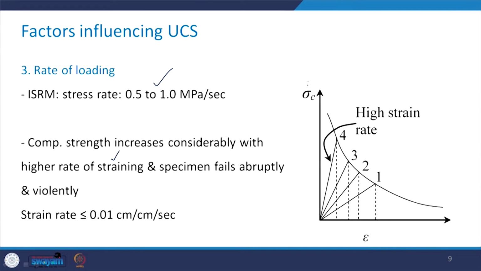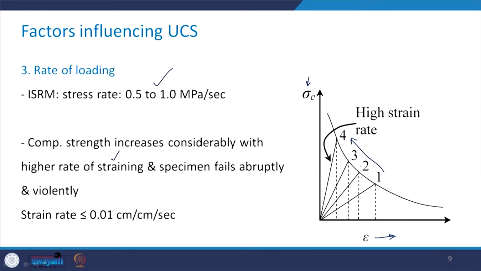This is the compressive strength, and on this axis we have epsilon. So as it goes from 1 to 4, the strain rate is higher for 4 as compared to 3, as compared to 2, and as compared to 1.